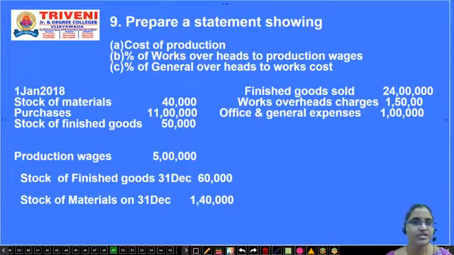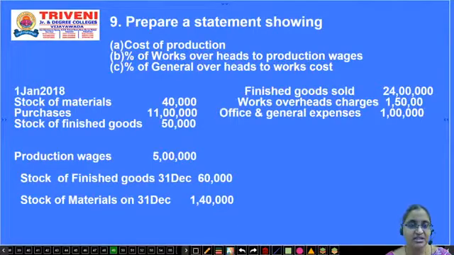Prepare a statement showing cost of production. First they ask to prepare a statement showing the cost of production. Next, percentage of works overhead to production wages. Here they ask the works overhead percentage with the help of production wages. Next point, percentage of general overhead to works cost.